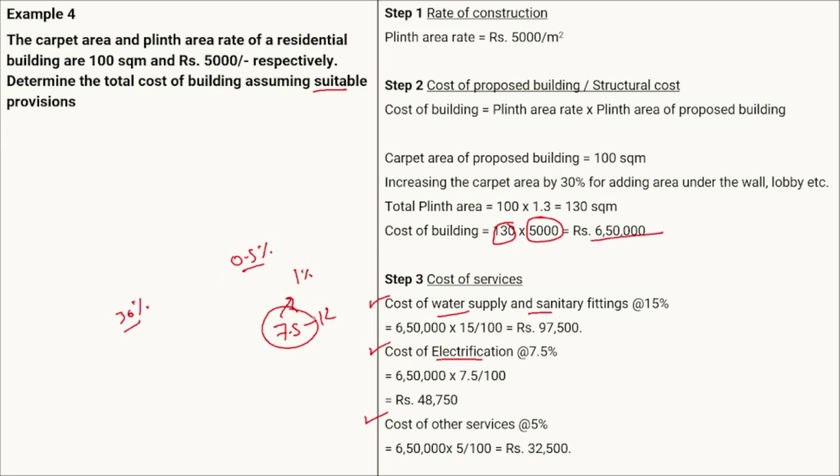So whatever assumption you make should be between 7.5 and 12%. These three services should be there: water supply, sanitary, and electrification, and the other services. This is the minimum. You can also add any other if you think it is suitable, but I think these three will be sufficient.